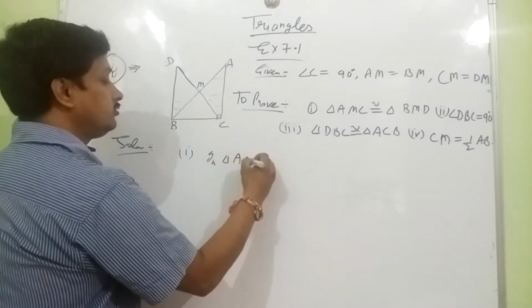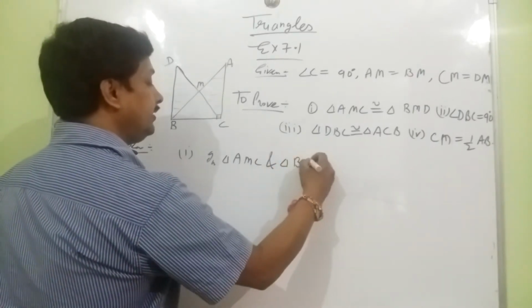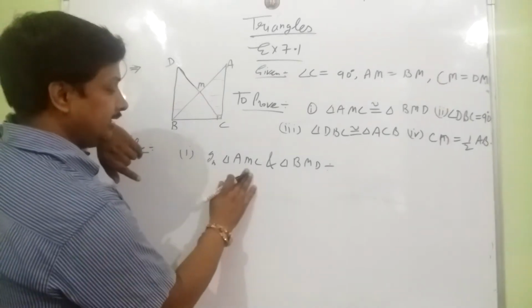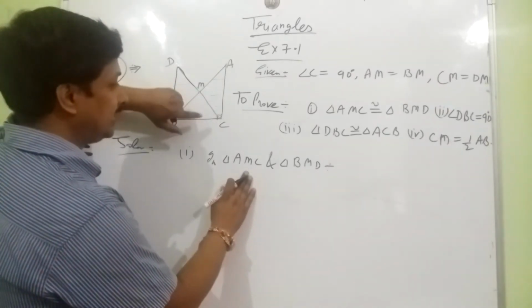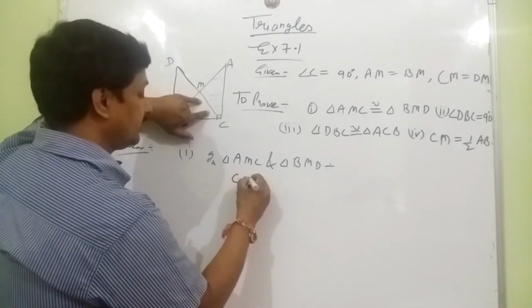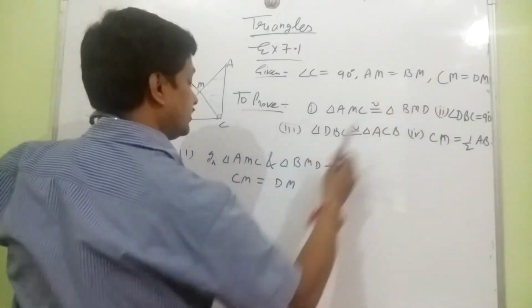First we will introduce the triangles: in triangle AMC and triangle BMD, triangle AMC is written first, so its side will be written first. CM is equal to DM. Why? It is given to us.